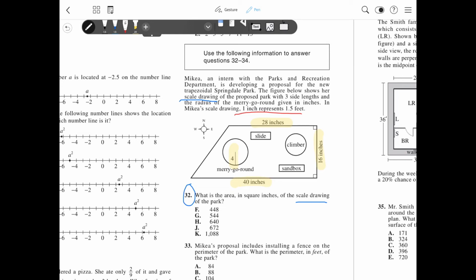So in this problem, what I would do first is try to find the area of this rectangle right here. And this would mean that we would have to multiply 28 inches by 16 inches. However, we have to consider that by taking this specific area, we are undershooting the actual area of the entire trapezoid. We aren't including this area.